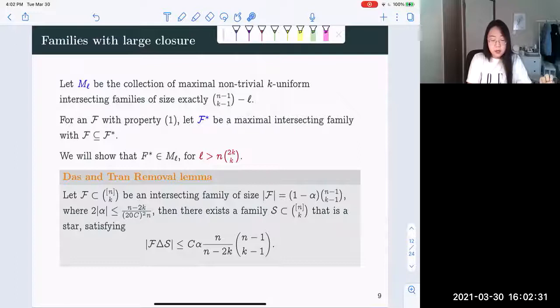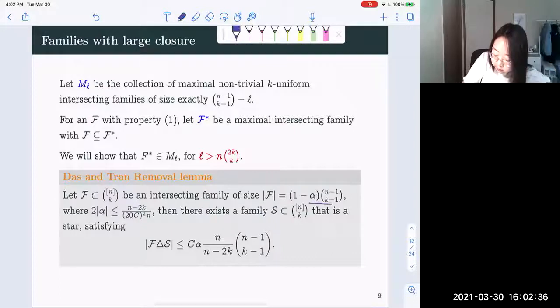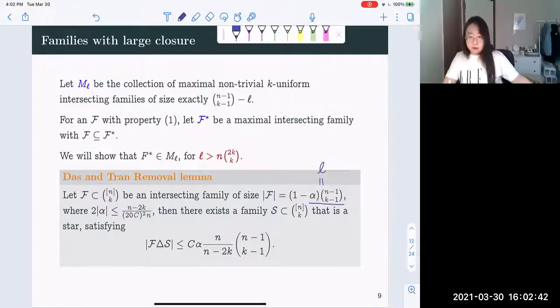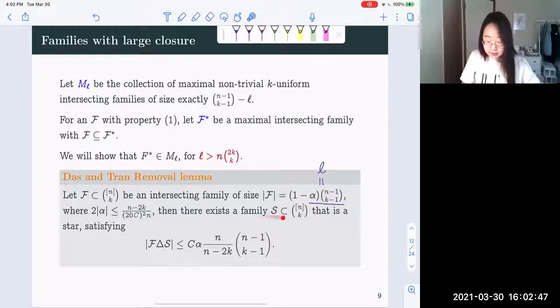The removal lemma says if F is an intersecting family of this size, where L times this binomial number corresponds to our L here, then there always exists a star S such that the symmetric difference of these two families is upper bounded. In particular, you can think of the star as corresponding to the most frequent elements of F, because that will give you the minimum symmetric difference.